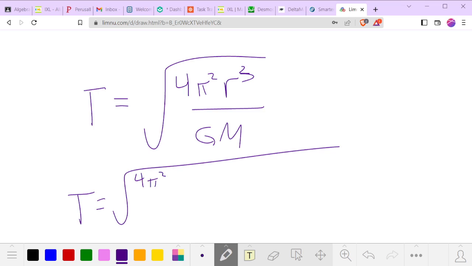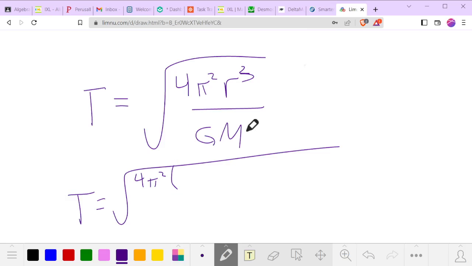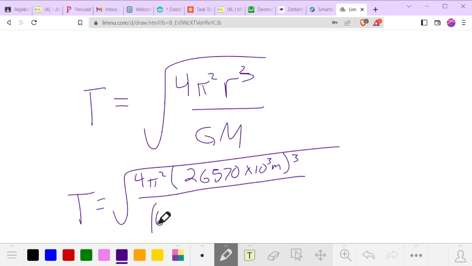So that's 4 pi squared. The orbital radius, they said, is 26,570, and it's kilometers. Over 6.67 times 10 to the negative 11 newton meters squared per kilogram squared. And the mass of the Earth, as it appears on the formula sheet, is 5.97 times 10 to the 24 kilograms.